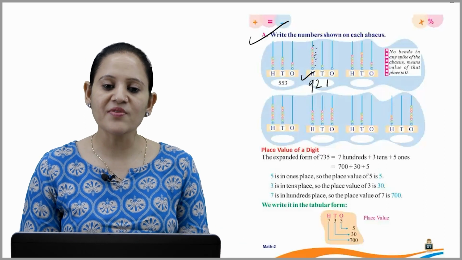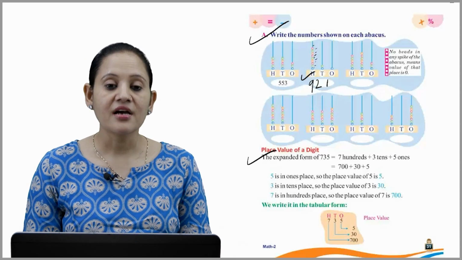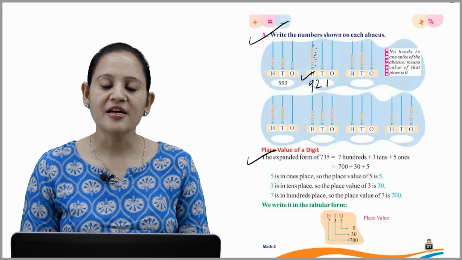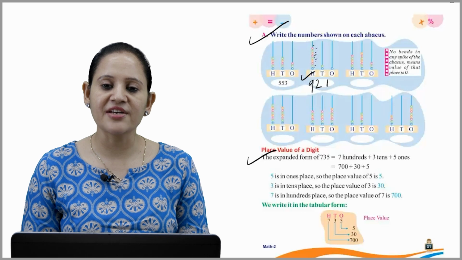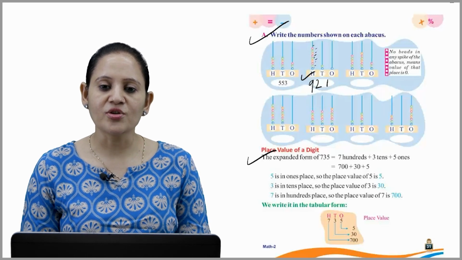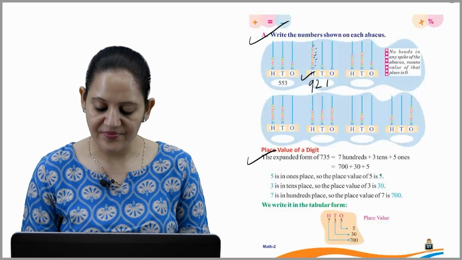Next is place value of a digit. The expanded form of 735 is 700 plus 3 tens plus 5 ones, that is 700 plus 30 plus 5. 5 is in the ones place, so the place value of 5 is 5.